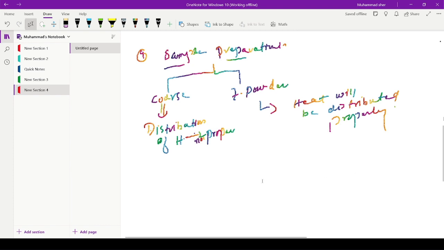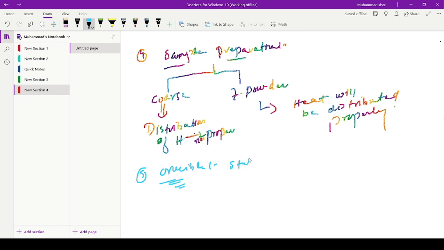The fifth factor is the crucible which we will use to heat our sample.